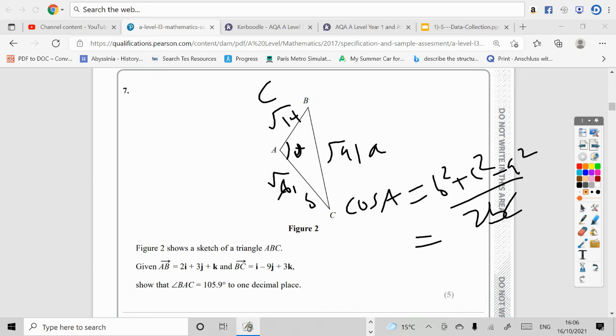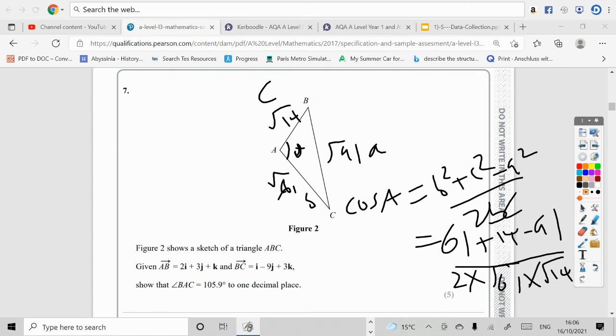So we get b squared, root 61 squared, so that'll be 61, plus 14 minus 91, all over 2 times root 61 times root 14.